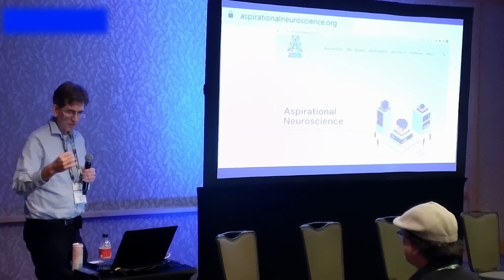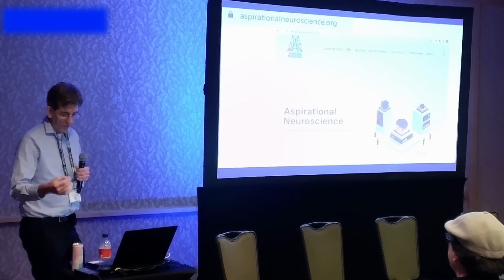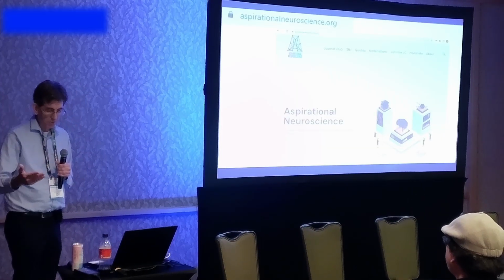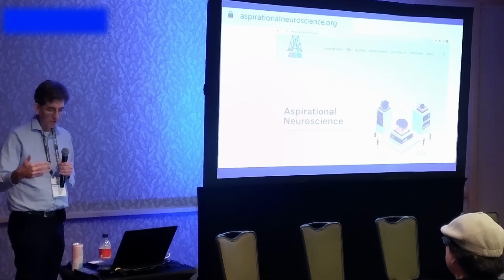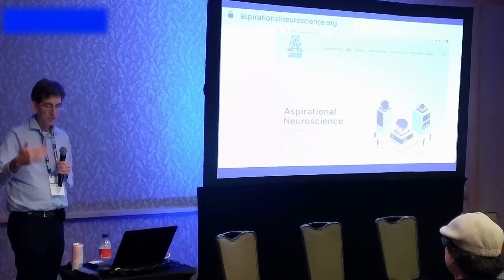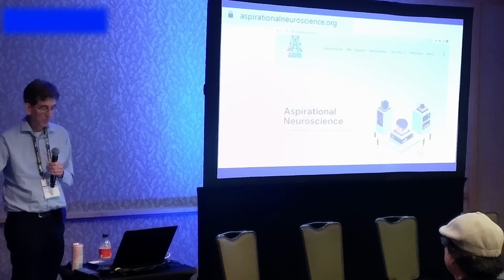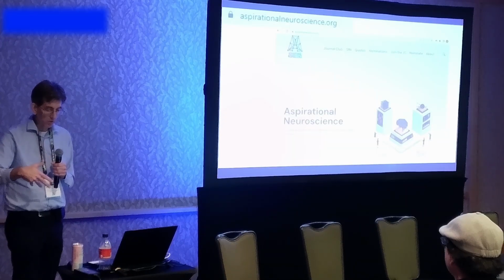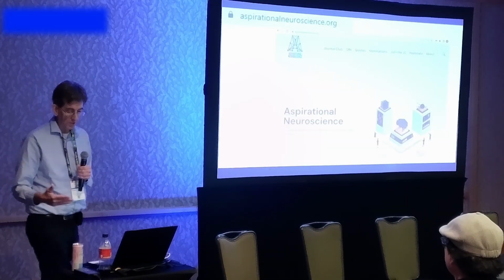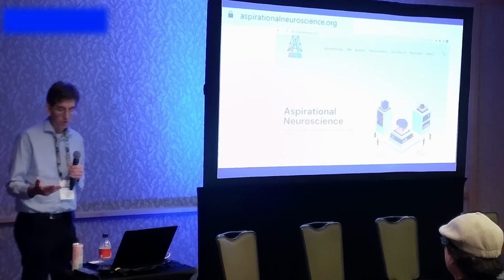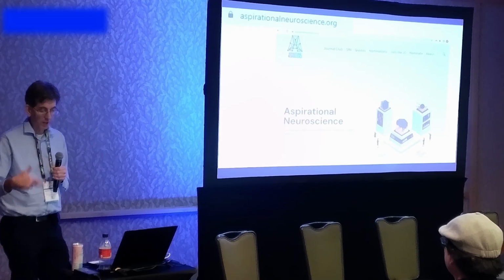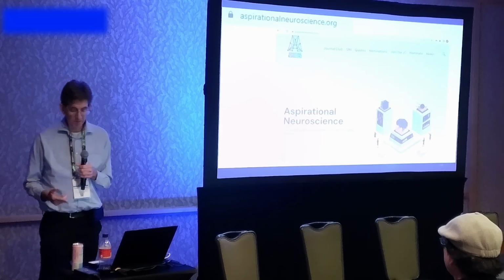But I think it is an achievable goal. And so the Aspirational Neuroscience Outreach Project's goal is to bring together researchers in connectomics and researchers in memory engrams in order to design concrete experiments with the explicit goal of decoding memories from a static map of synaptic connectivity.